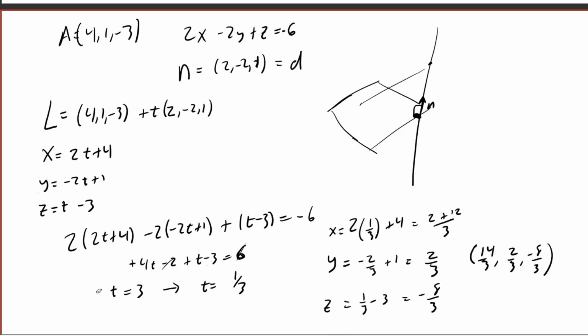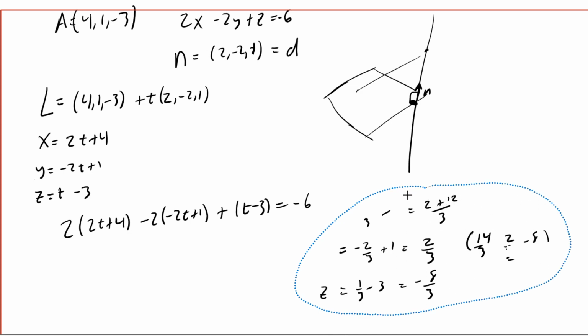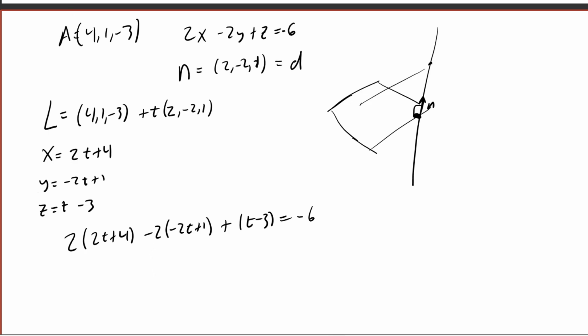Okay, so let me erase all this. Okay, so now we have 4t plus 8 plus 4t minus 2 plus t minus 3 equals negative 6.